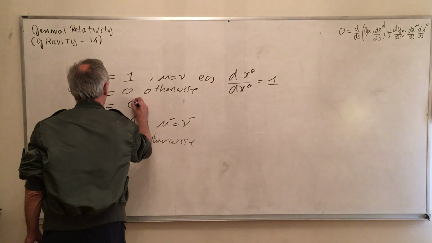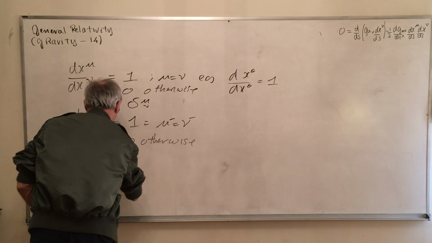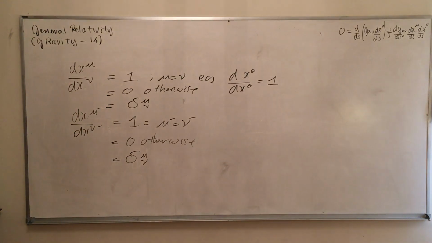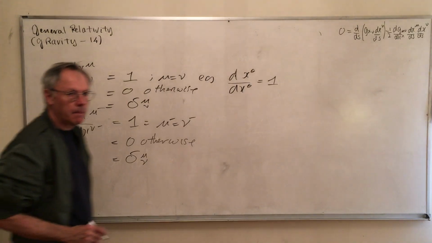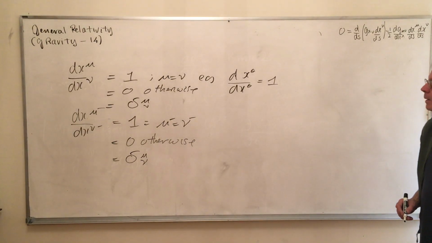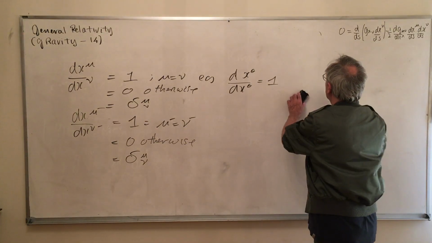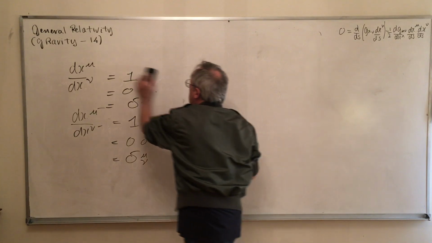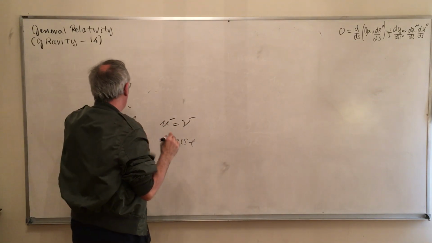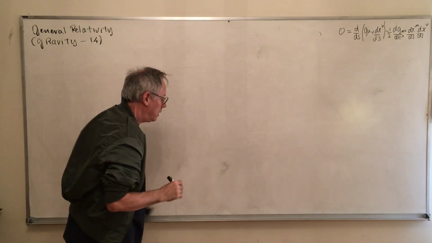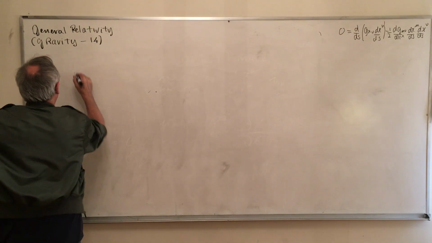It's the Kronecker delta. We get the Kronecker delta using this derivative, okay? Kronecker delta is a powerful tool. Now, can we get from a covariant tensor to a contravariant tensor and vice versa? We can, using the metric tensor.